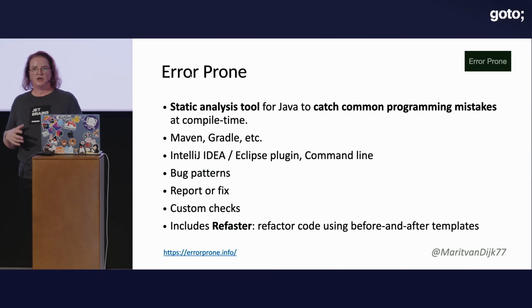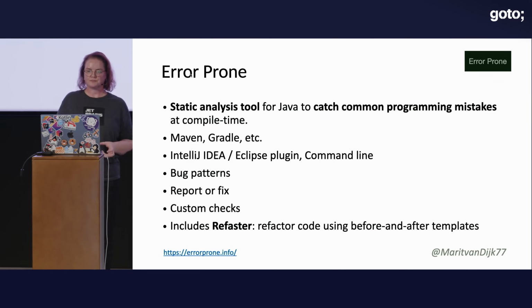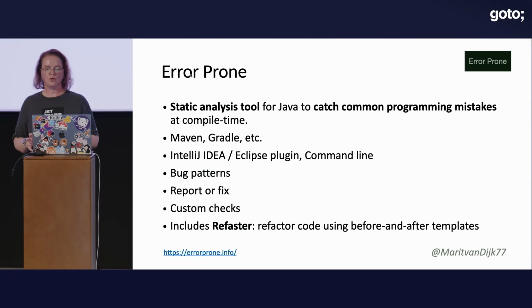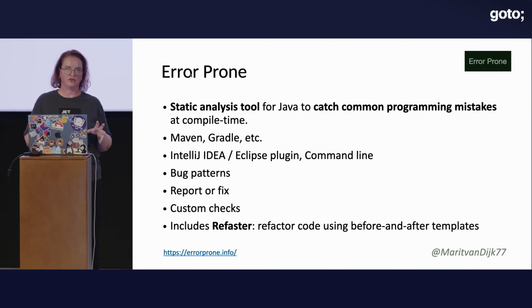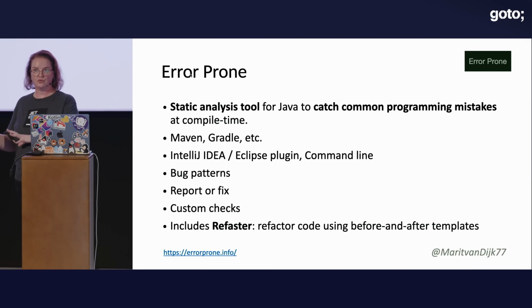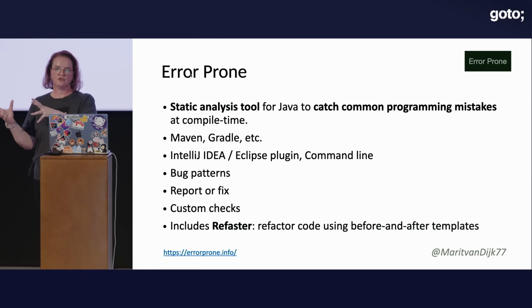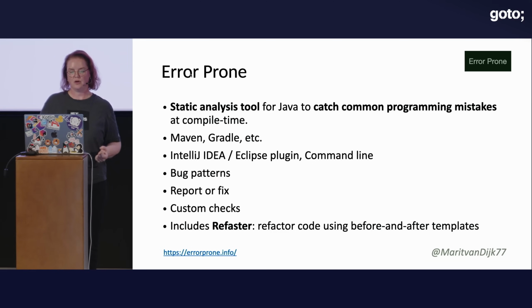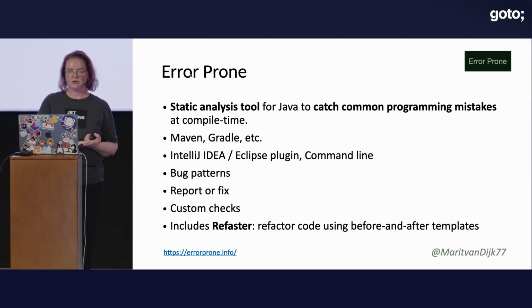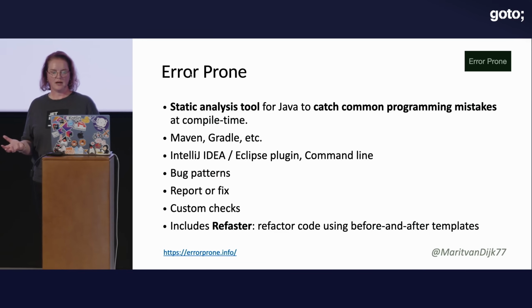The next tool I want to discuss is Error-Prone, which is, I think, only for Java. It's a static analysis tool to catch common programming mistakes. So not necessarily intended as a version migration tool, but it's intended to replace certain patterns in your code with a different pattern. You can run it using Maven, Gradle, or plugins for your IDE.